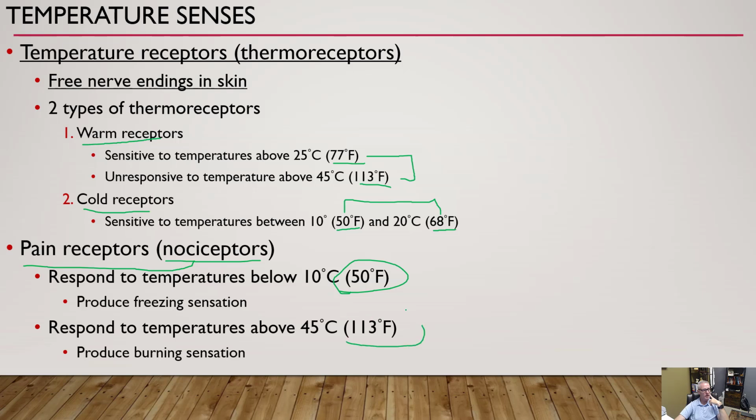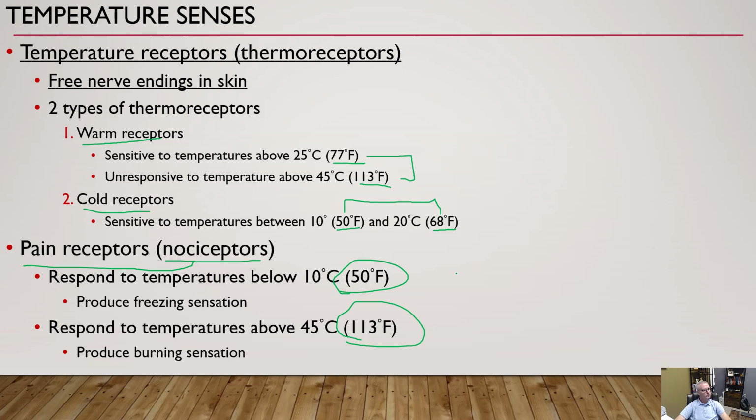If you're living out in Arizona and you're really, really hot, you might be working off of your pain receptors if it's greater than 113 degrees. Typically here in North Carolina we don't get above 113 degrees outside, but some places in the country it does.